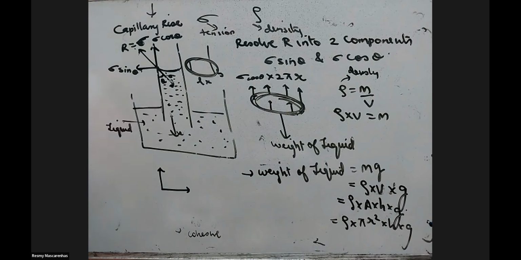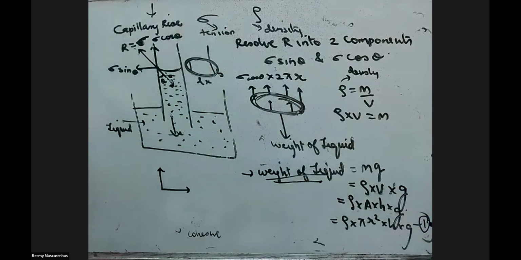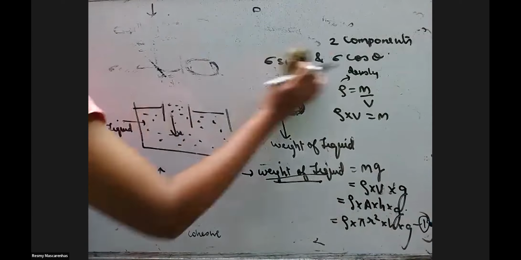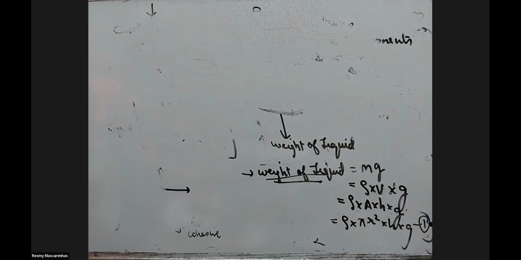Next part. Now this is 1. Weight of the liquid is this. So you can mark it as equation 1 and keep. Next is the vertical component.